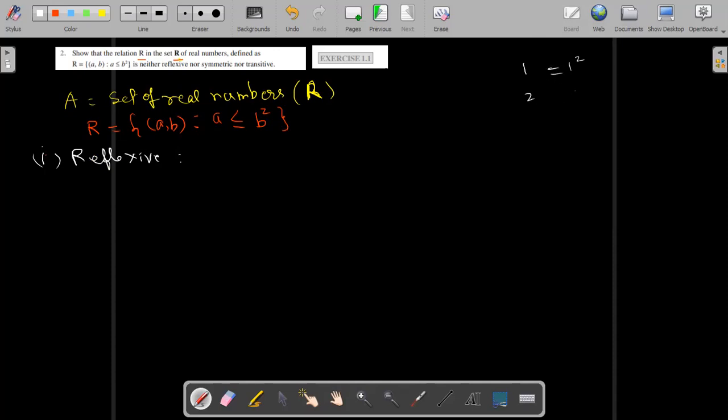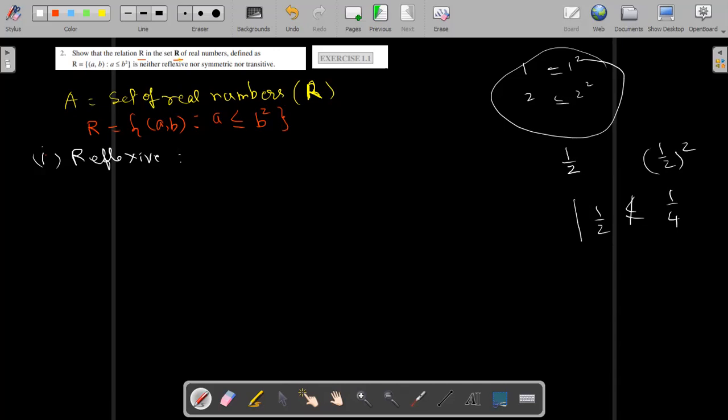If you take 2, 2 squared is always greater than 2. So we cannot take whole numbers. Real numbers contain all numbers, so we check numbers in fractions like 1/2. The square of 1/2 is 1/4. So 1/2 is not less than or equal to 1/4. It will not follow here, though for whole numbers it will follow.